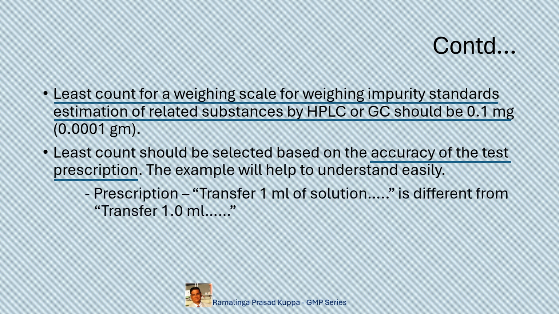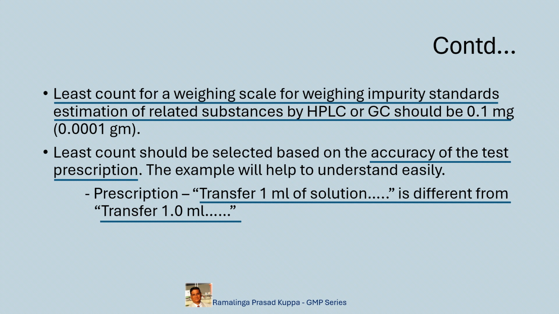The prescription "transfer 1 ml of solution" is different from "transfer 1.0 ml of solution". You might have noticed this kind of statement in the pharmacopoeia. Transfer 1 ml means you can use a 10 ml measuring cylinder.